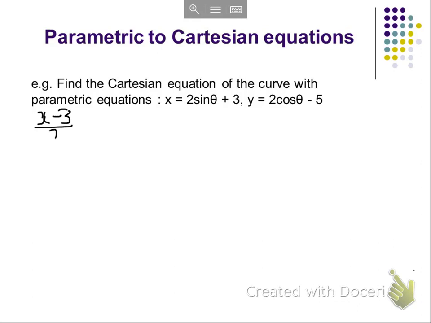So we can say that x minus 3 over 2 equals sine theta and y plus 5 over 2 is cos theta.